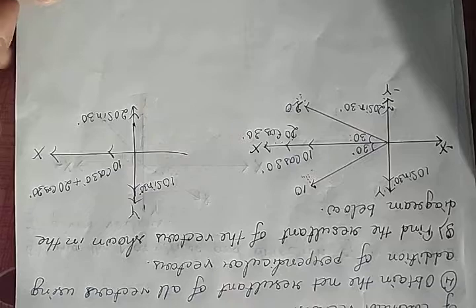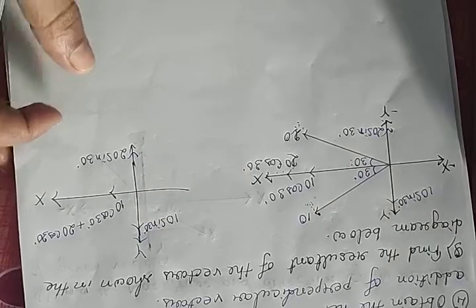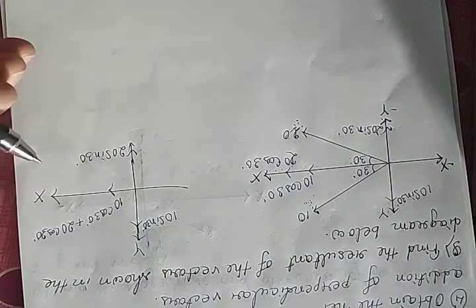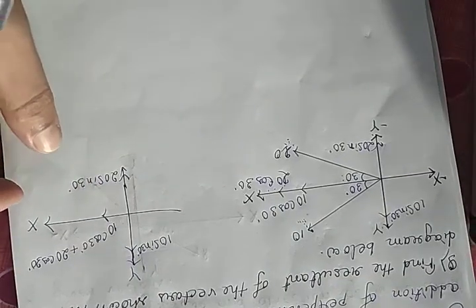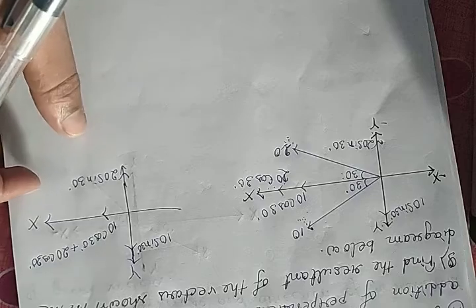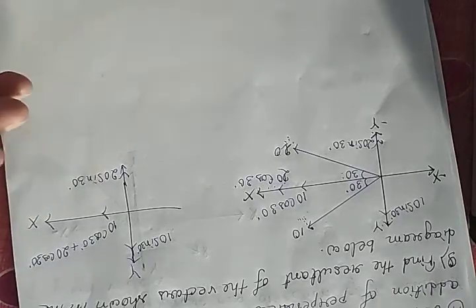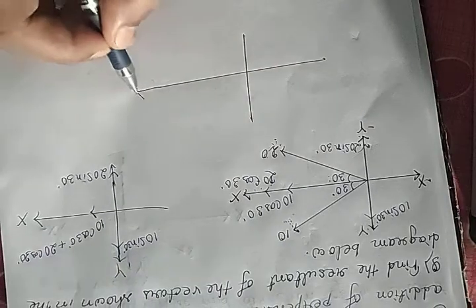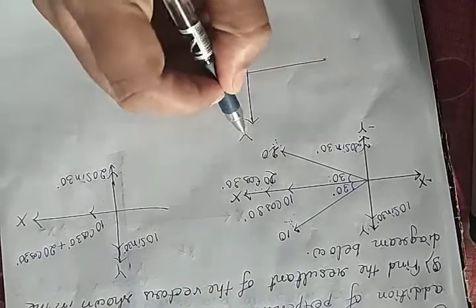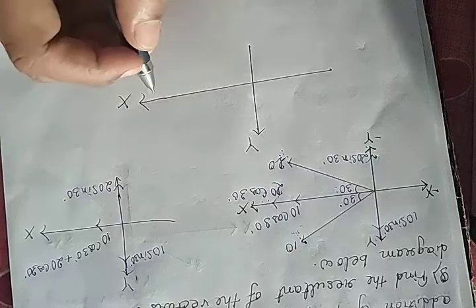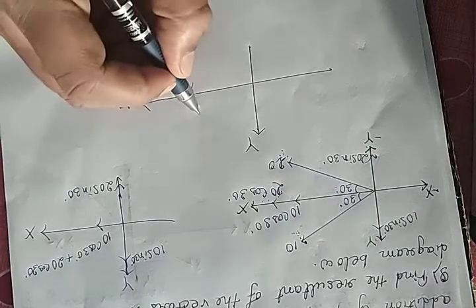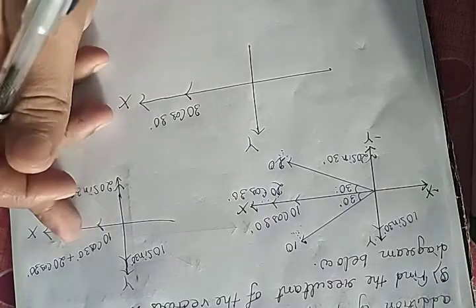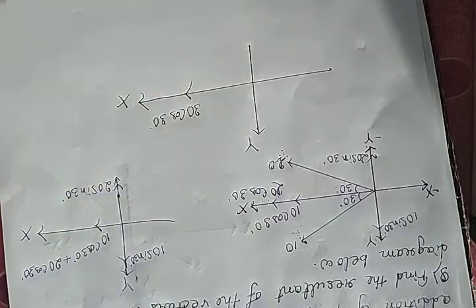Now 10 cos 30 plus 20 cos 30 is how much? 30 cos 30. You can directly add along the x-axis and y-axis, or you can put in the value of cos 30 and then add. I am directly adding.